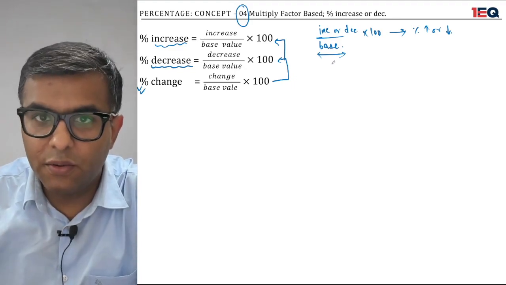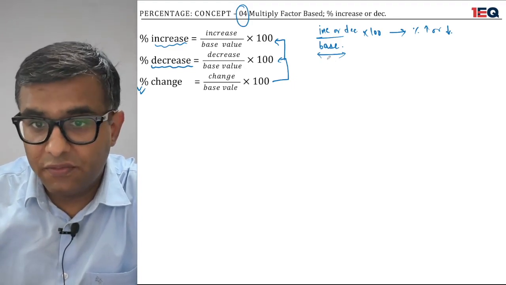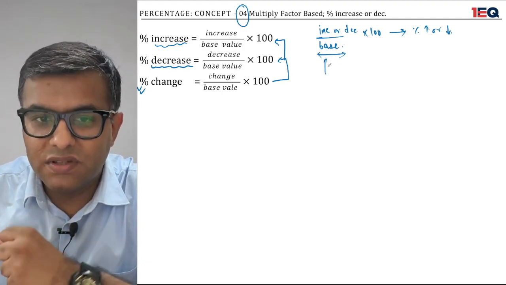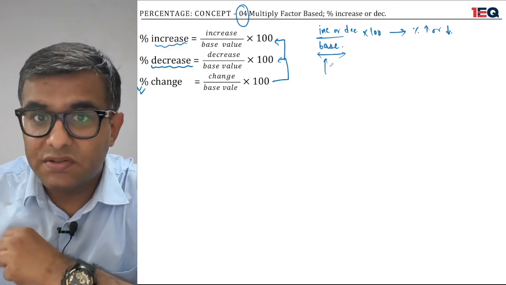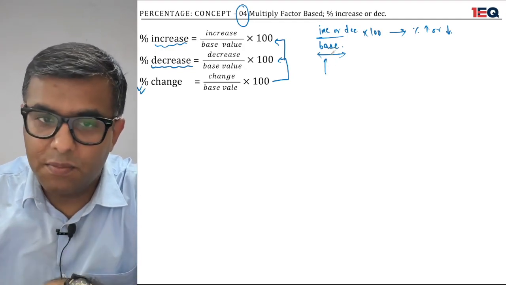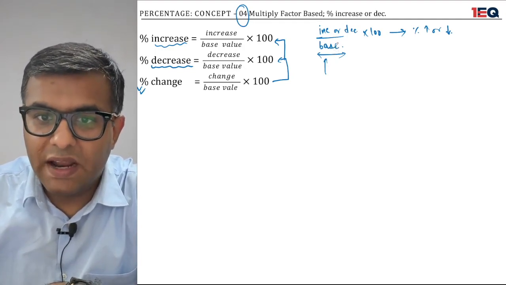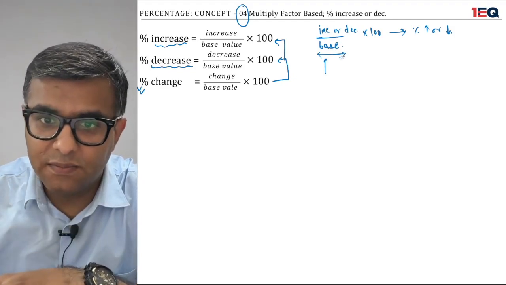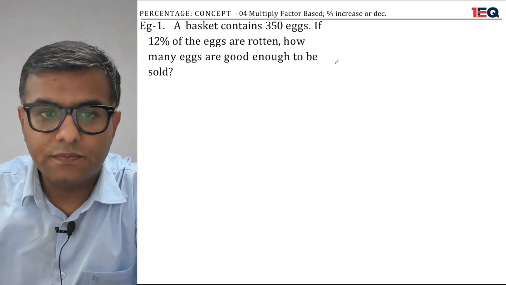It's very commonly said that you need to strengthen your base, strengthen your basics. It is said for a really strong reason: if you go wrong with the base, you mess up the question. Okay, moving on.